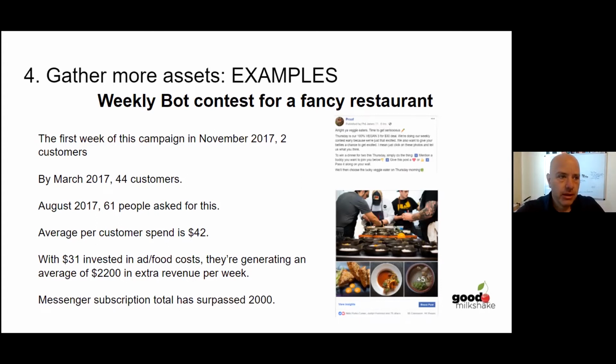By giving it to somebody else, you give them the opportunity to spread the word to their friends that this thing exists. By doing this week after week, at the peak of it we were generating about $2,200 extra revenue per week. So not bad.